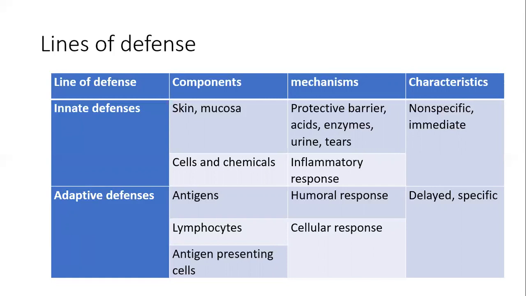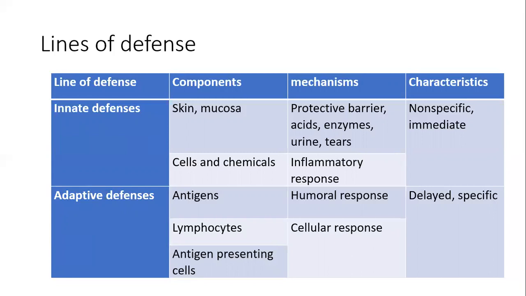On the internal level, there are cells and chemicals, and that's characterized by the inflammatory response. And again, it's non-specific and immediate. So you get a cut, your inflammatory response kicks in, you get burned, same thing, you get a viral infection, same thing. It happens irrespective of the stimulus.